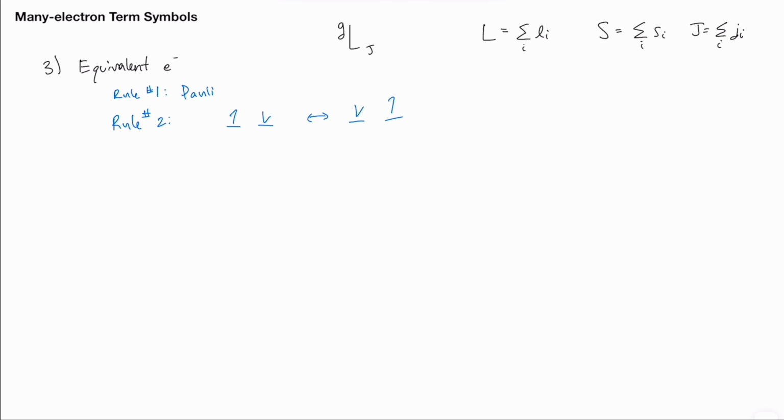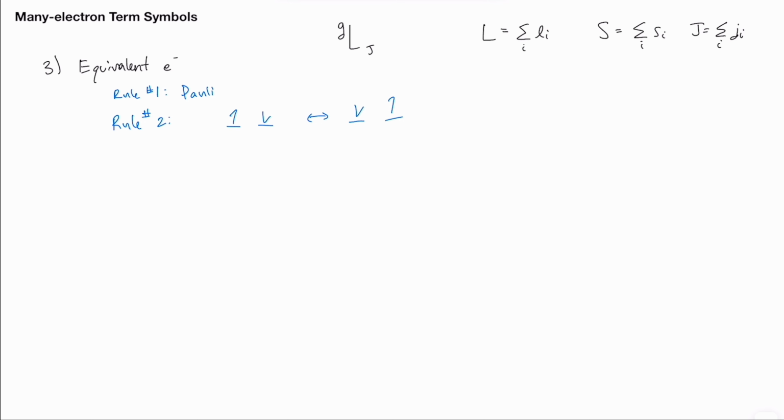Well, because electrons are indistinguishable, if these are the same orbitals, then these 2 configurations are exactly the same thing, right? Because in order to tell the difference between these, you have to be able to say this electron is electron A, let's say, and it's up on the left versus down on the right. But that would require you being able to distinguish them, which is not allowed. And so we need to take into account the fact that these are actually indistinguishable.